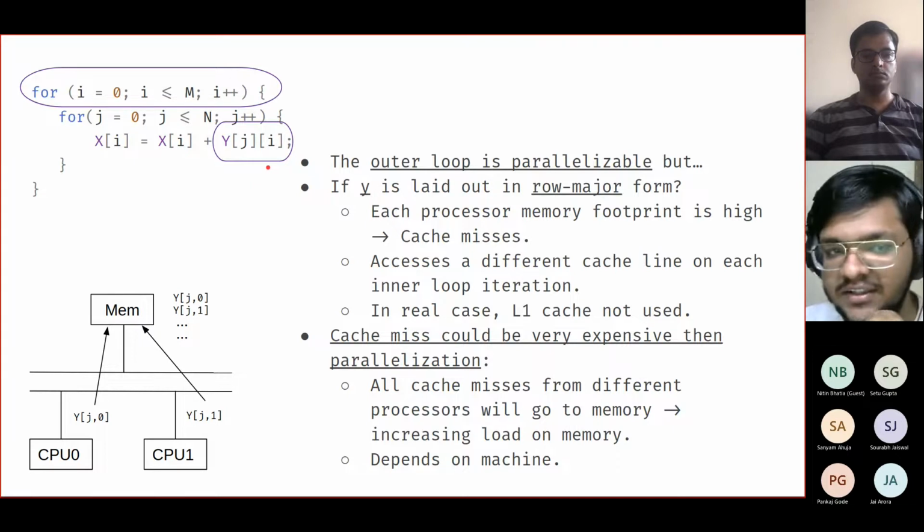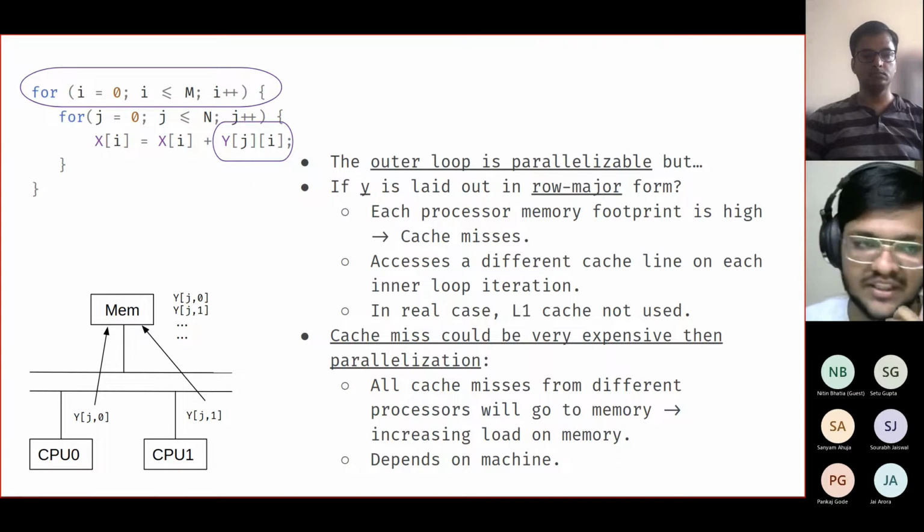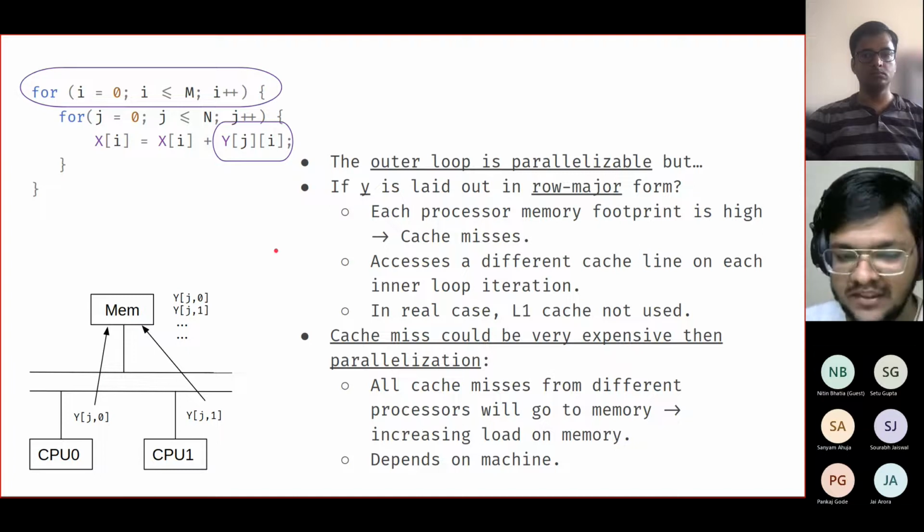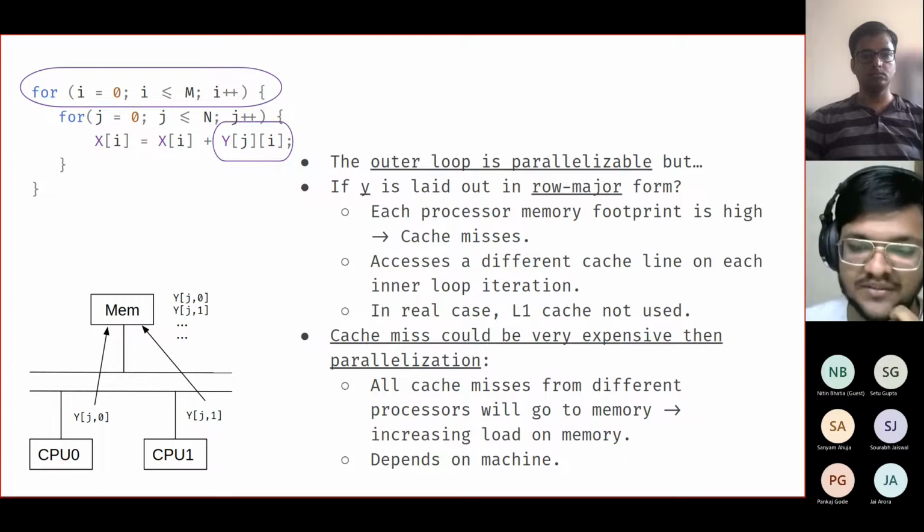In a real case scenario, we are not going to use the L1 cache, which is the most effective. Sometimes a cache miss could be more expensive than the gain from parallelization, and it all depends on what type of machine it is.